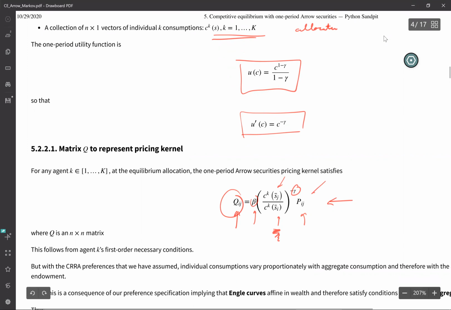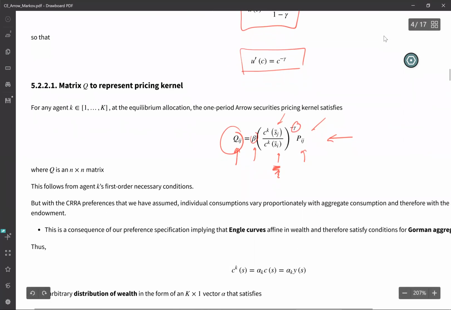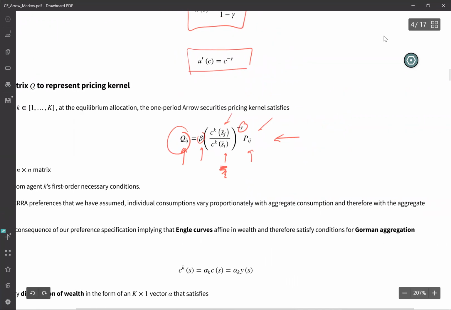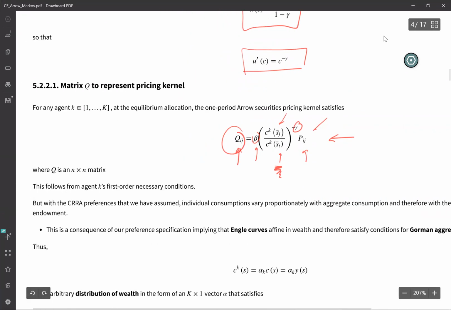Okay, so from the point of view of the individual, he jiggles the consumption to satisfy this relationship, taking these prices as given. But you know, we're the analysts. We want to compute the prices. So a key thing is, with general preferences, we would have to compute the Q's and the allocation and the distribution of wealth.